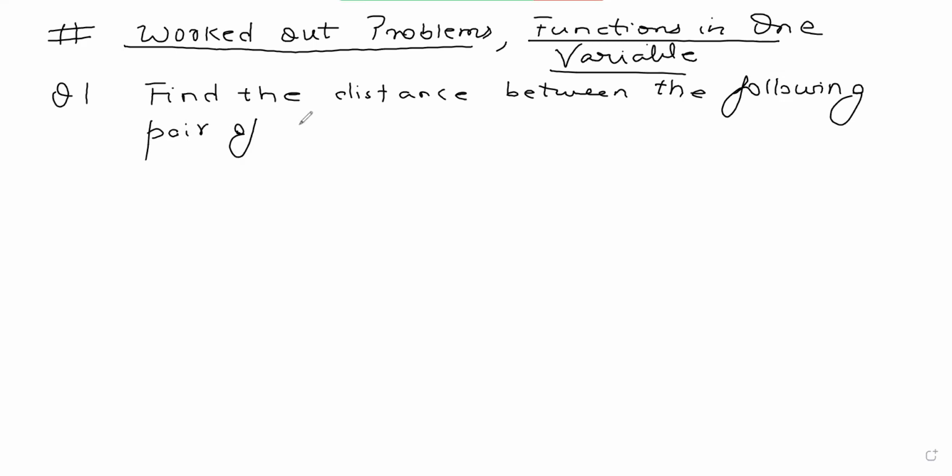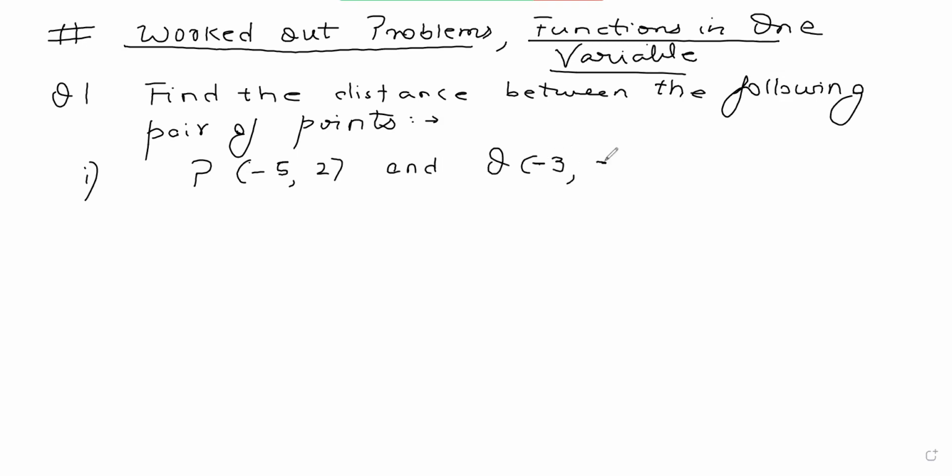So I'm writing the points and we need to find the distance between these pair of points. Okay, so we are given the point P, coordinates are -5, 2, and we are given another point Q, the coordinates of which are -3 and -4. Okay, so let's quickly find PQ, the distance PQ.